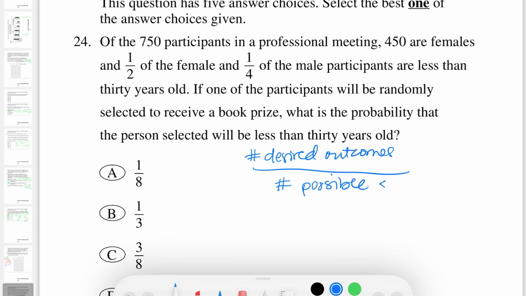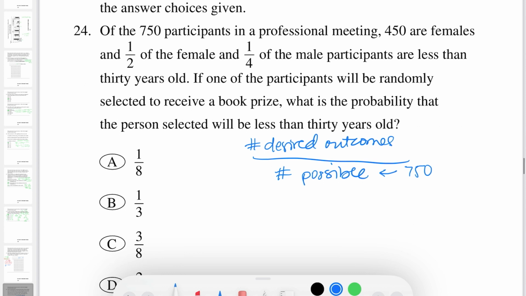So we know our possible outcomes are 750. We need to figure out the number of desired outcomes. We know 450 of these people are female, and a half of the female group is under 30. So we do 450 divided by 2, so 225 females are under 30, and a quarter of the male participants. So let's figure out how many male participants there are.